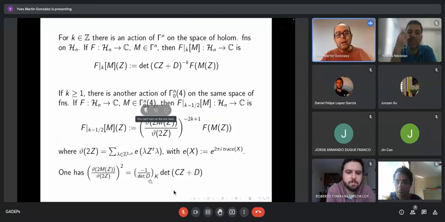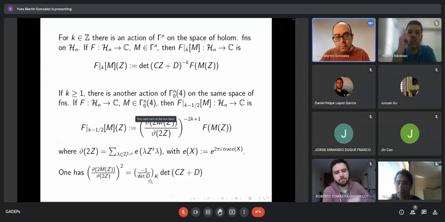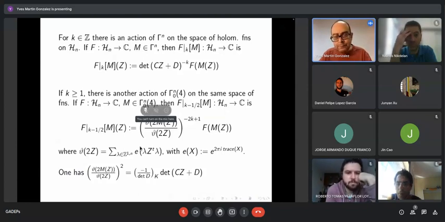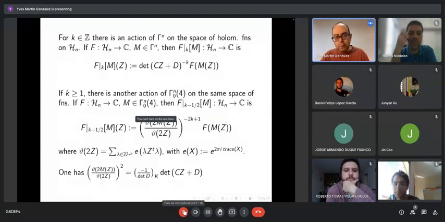Okay, so what we have so far, we have a group, we have functions from Hn to C, and an action of this group now on functions, not only on the points of Hn. And we need those actions because we will define Siegel modular forms of integral weight and half integral weight using those actions. Namely, we will do the following.